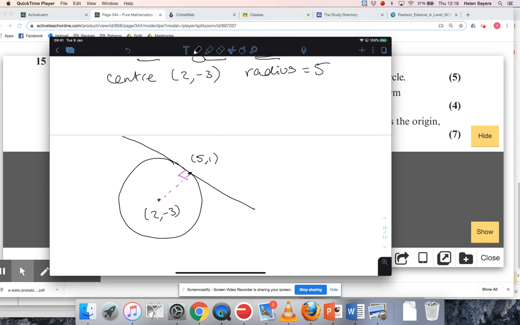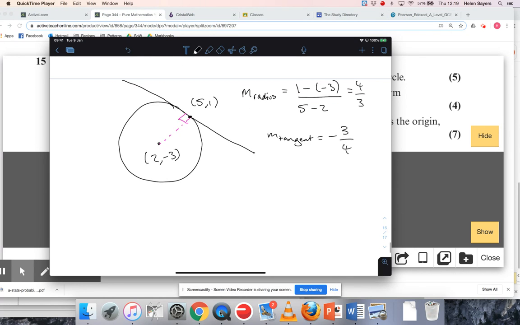I get the gradient of the radius: change in y, so 1 minus minus 3, over change in x, so 5 minus 2, so 4/3. Then the gradient of the tangent is perpendicular to that, so the negative reciprocal of 4/3, so minus 3/4.